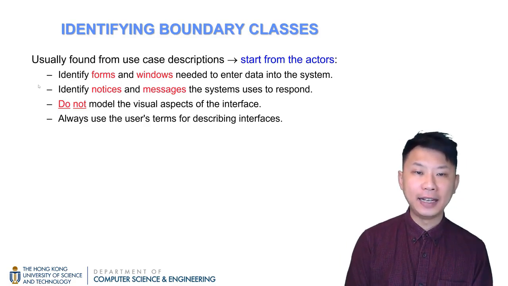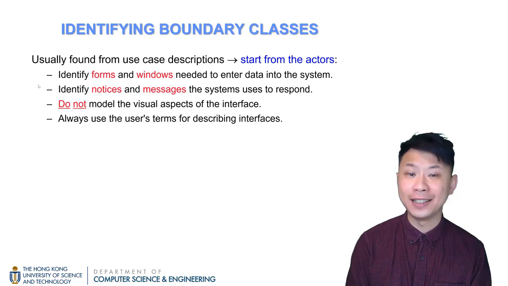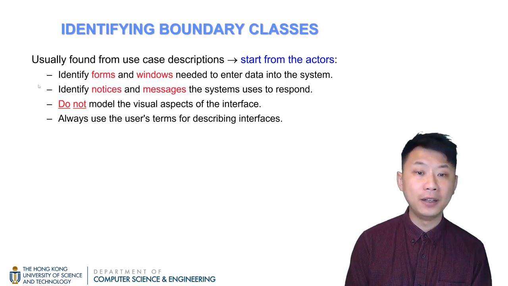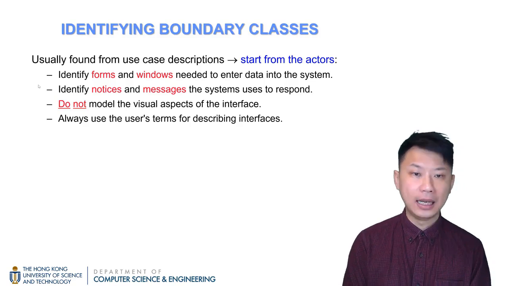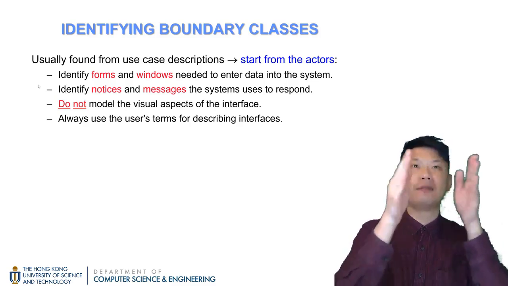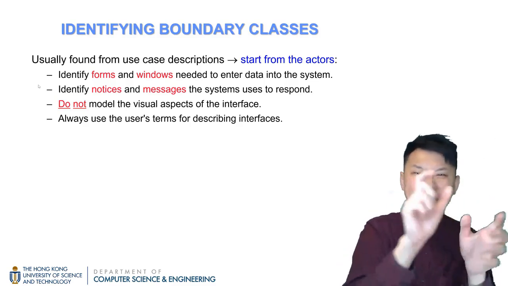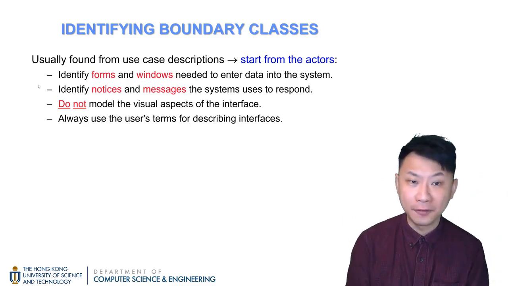So how to identify boundary classes? Usually they are found from the use case descriptions, starting from the actors. You try to identify the forms and windows needed to enter data into the system, or identify notices and messages that the system uses to respond. And notice that you do not model the visual aspects of the interface. That means you don't specify every single button, every single icon, every single menu that you have within the interface.